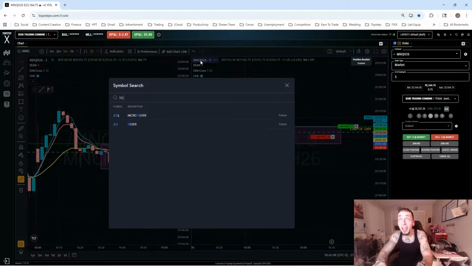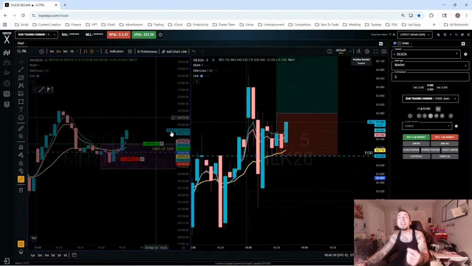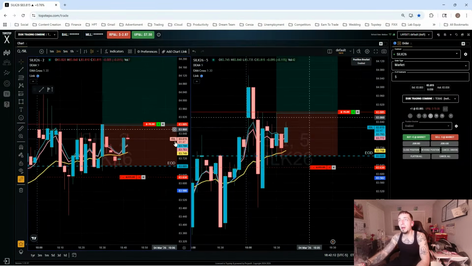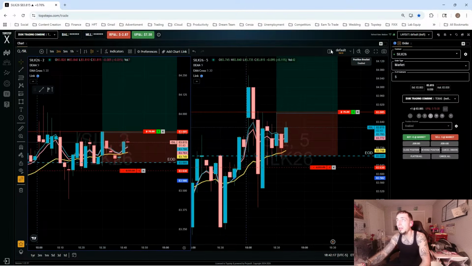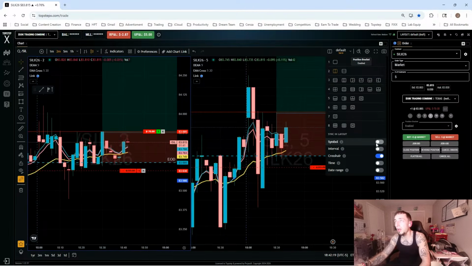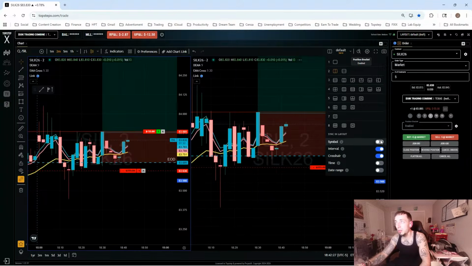I'm trying to figure out if I can do 2 separate. Oh, sync and layout, symbol, interval. No, I don't want this on.